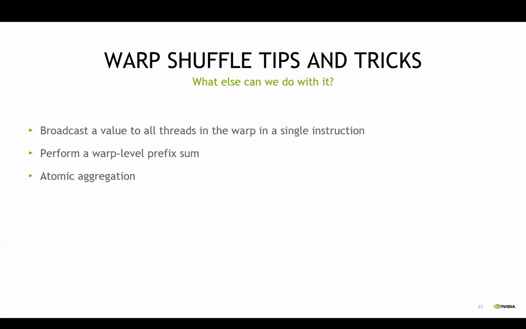Briefly, some other things that we can do. It may or may not be obvious, but I can use a warp shuffle to broadcast a single value to all threads in the warp in a single instruction without using shared memory or loops or anything like that. I can do other types of operations. It's not that obvious, and we won't go into it in this session, but instead of a reduction, I could create at the warp level a prefix sum. I can even do sorting at the warp level.